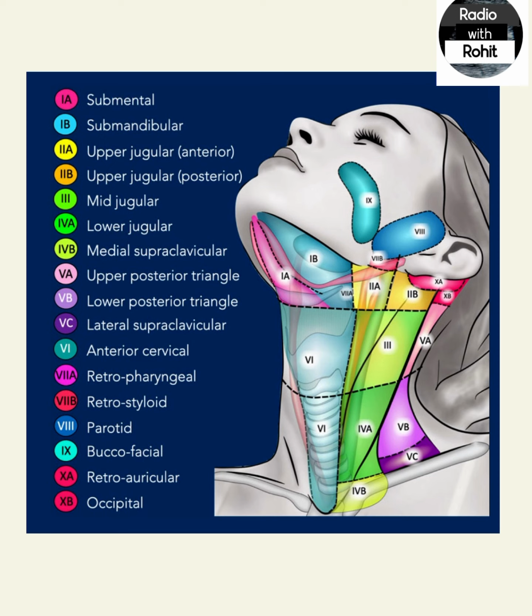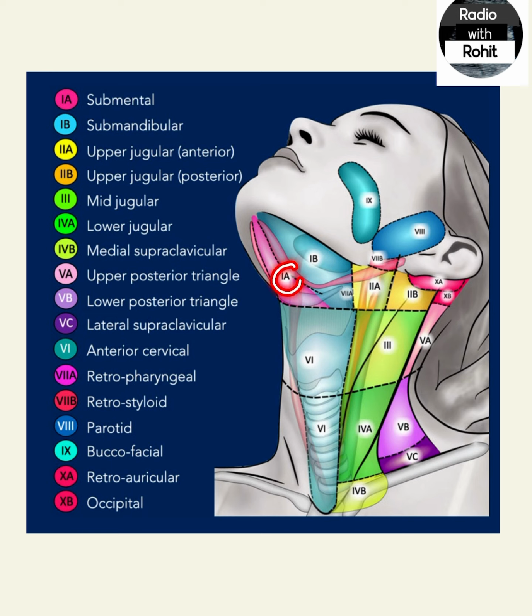Now, 5A and 5B are the levels in our posterior triangle. 5A is above this imaginary line and 5B is below this imaginary line. This is the upper posterior triangle and lower posterior triangle. 5C is the lateral supraclavicular level.